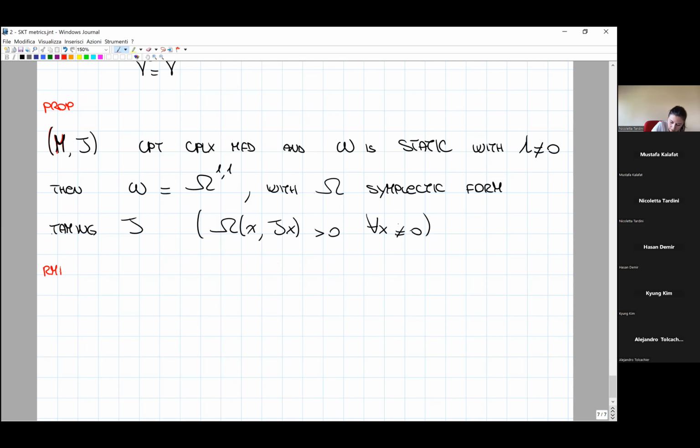So just a remark, if omega is static with lambda different from 0, and suppose that you know for some reason that the Ricci form is already of type 1,1. This in general is a 2 form, but maybe you know for some reason that this is a 1,1 form, then actually omega is Kähler-Einstein.